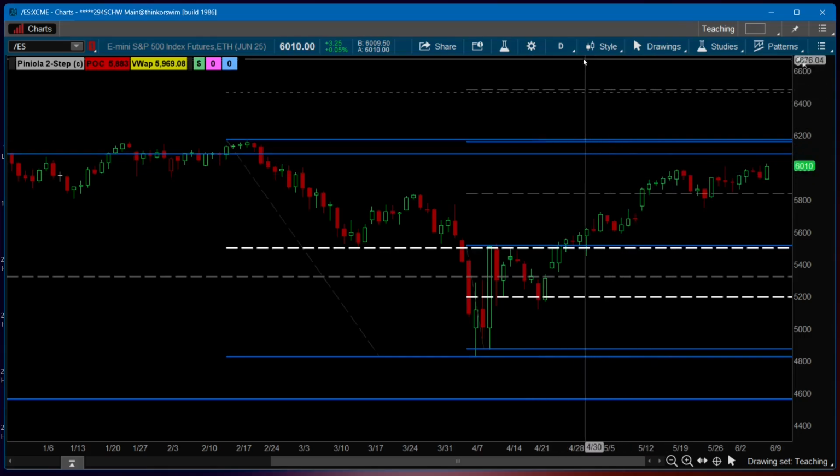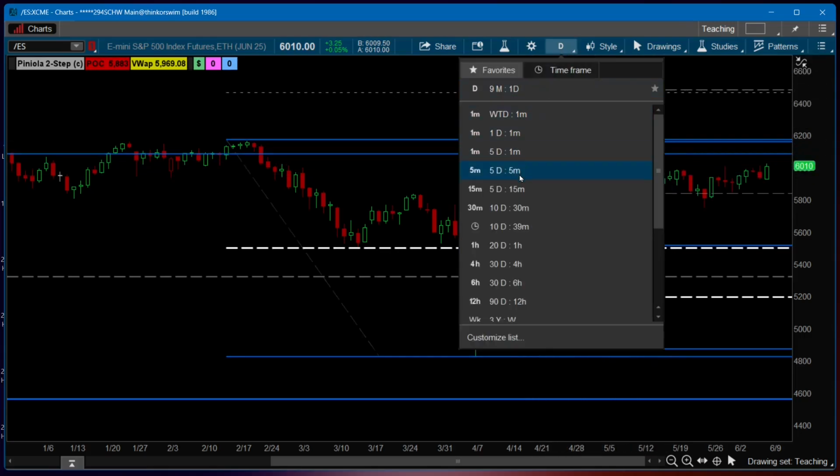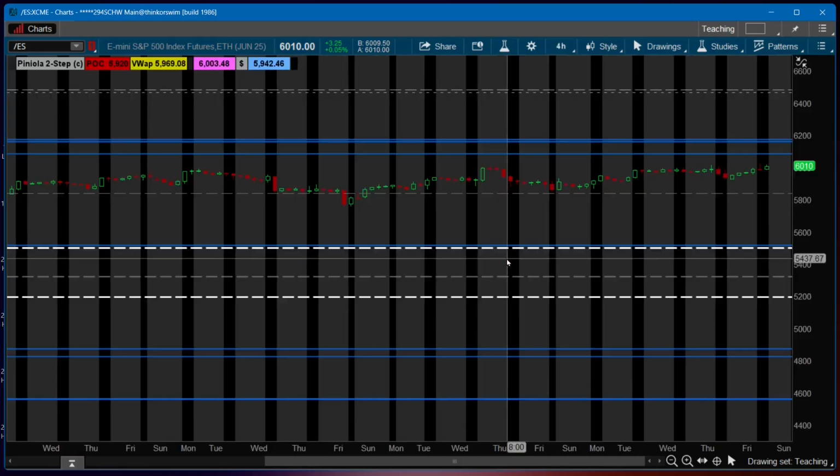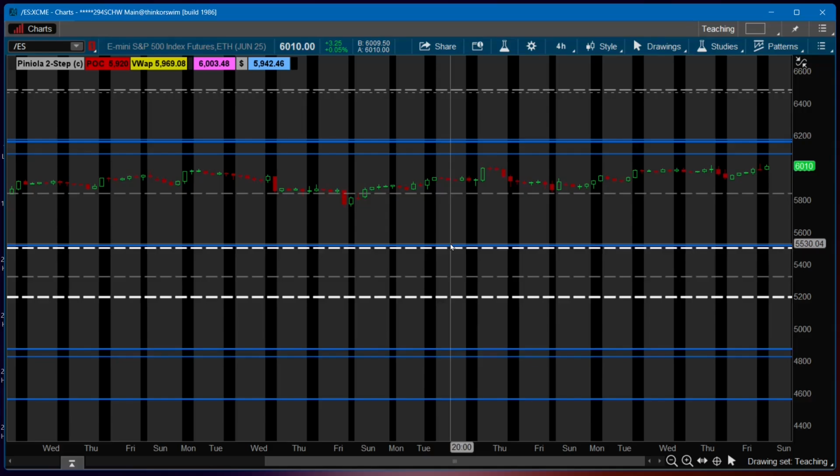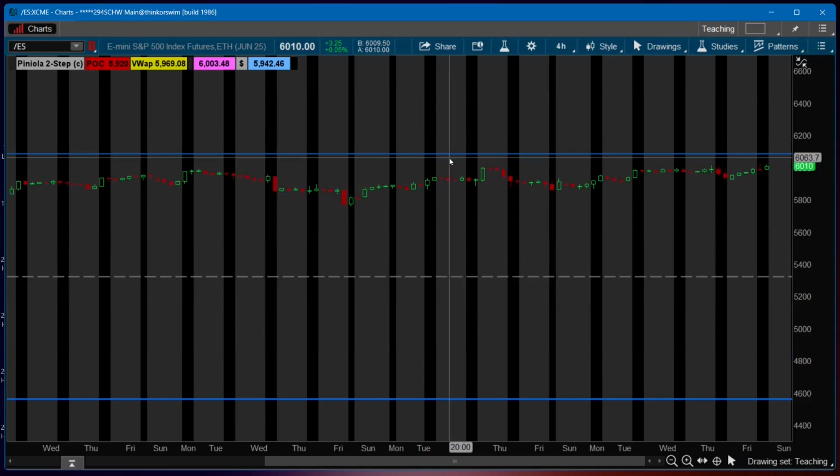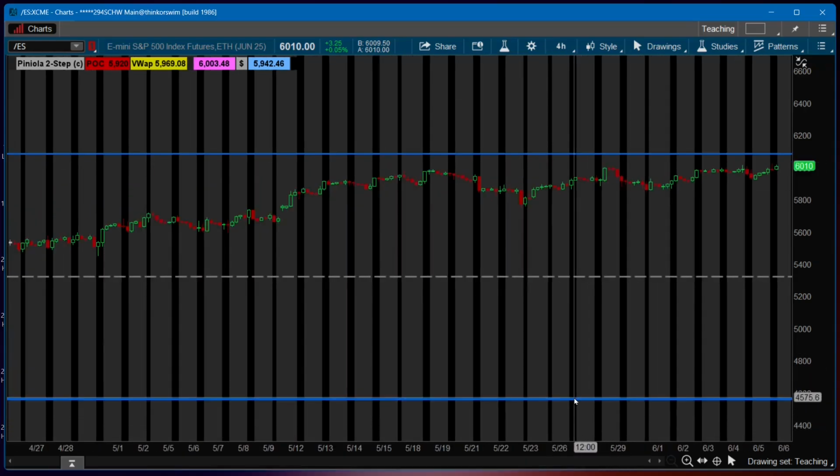Now, let's get down to a little bit lower time frame. Nah, I'm going to delete a lot of this stuff. In fact, I think that was a longer term one. Started at 3.895. Yeah, that's the longer term one.